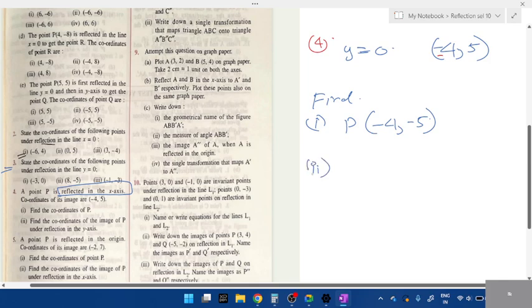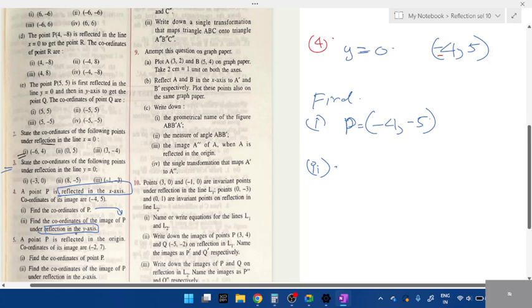Second question. Find the coordinate of the image of P. Now this coordinate you have to relate. What's the P value we got? P is equal to 4, comma 5. Read the question carefully. Find the coordinate of this image under reflection in which axis?